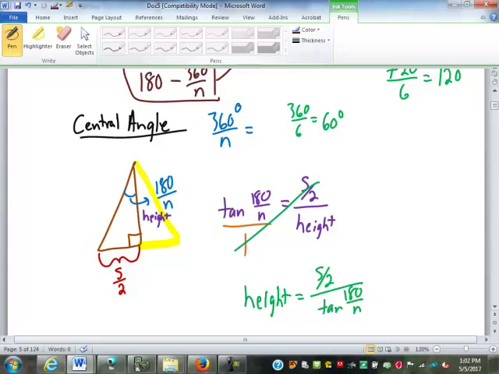So what's the area of one of these? I'm going to rewrite this just a little bit, by the way. It's just going to be S over 2 times the tangent of 180 over n. That's my height.